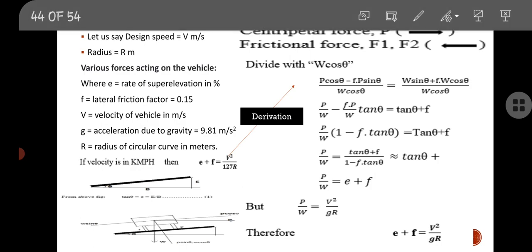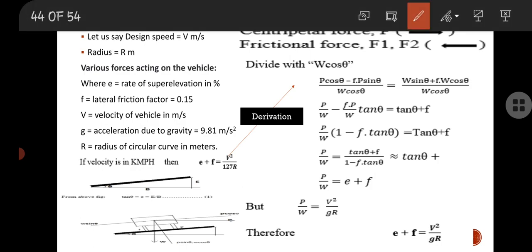Then here is the derivation for the super elevation. From that we will consider the centrifugal ratio, that is P by W and V square upon gR. Applying mechanics, we will find the relation E plus f is equal to V square upon 127 R. E is your super elevation, f is your lateral friction taken as 0.15, V is in kilometer per hour, and R is in meter. This centrifugal ratio has an effect on the vehicle.